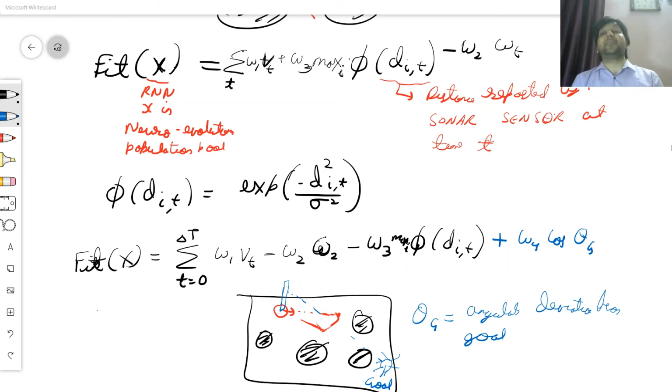You change W2, that entire big neural evolution is happening. It's not like a program which takes milliseconds. Every time you change a parameter, the entire evolutionary robotics is running, and that's too slow. You don't have the luxury of doing that, because every run of a neural evolution takes hours.